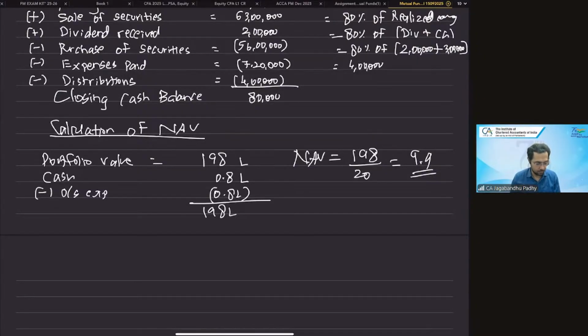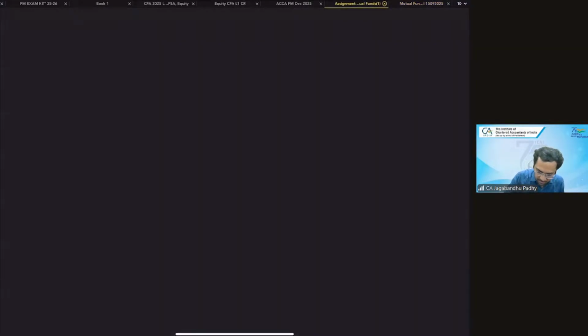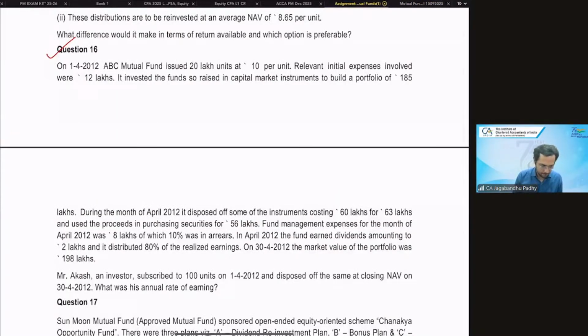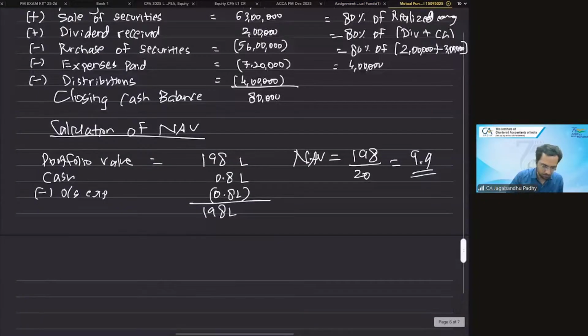Sir, how come the outstanding expense is 0.8 lakhs? 7.2 lakh is paid, right? Out of 8 lakh. Total 8 lakh is the expense, out of which 10% is in arrears. So 10% means 0.8 is in arrears, and 7.2 has been paid already.